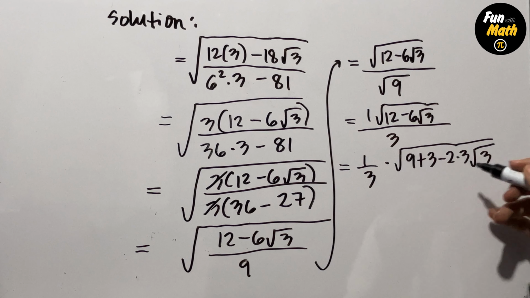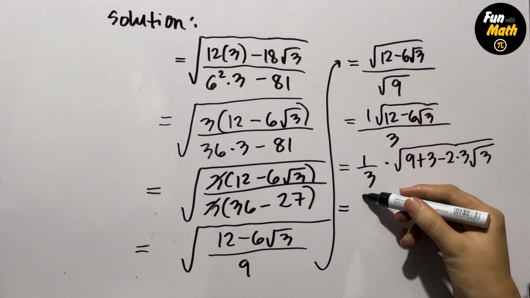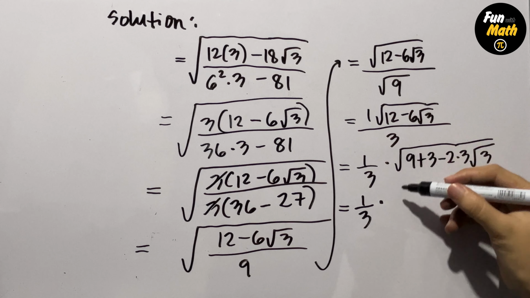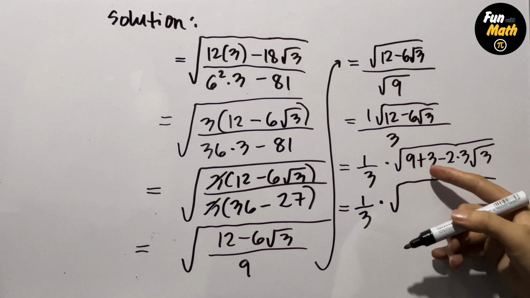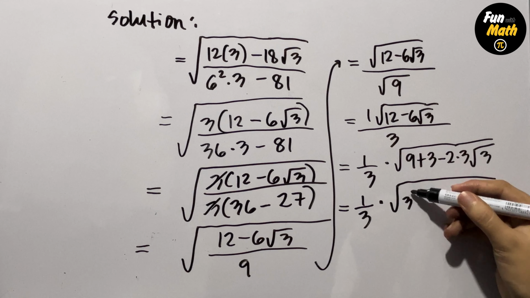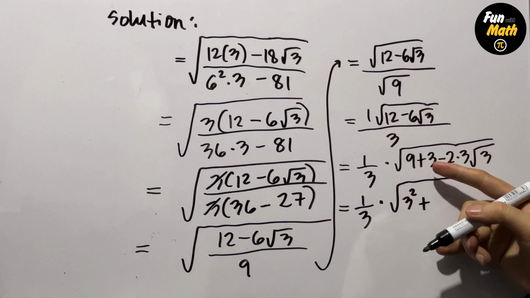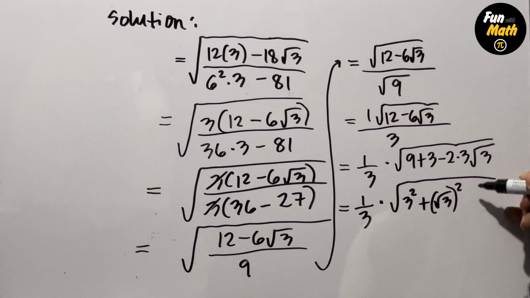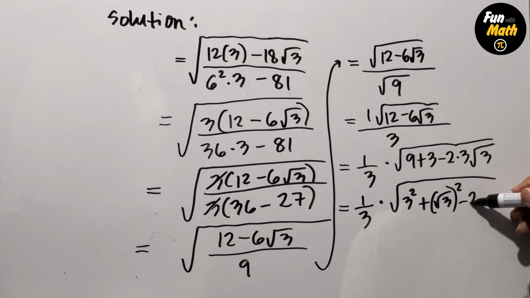And then we can write this as equals 1 over 3 times square root of 9. We can write it as 3 squared plus 3. We can write it as square root of 3 squared minus 2 times 3 times square root of 3.